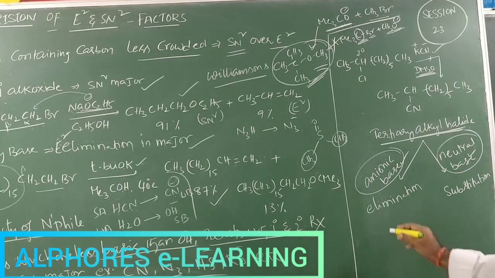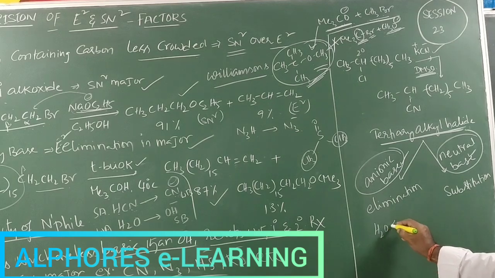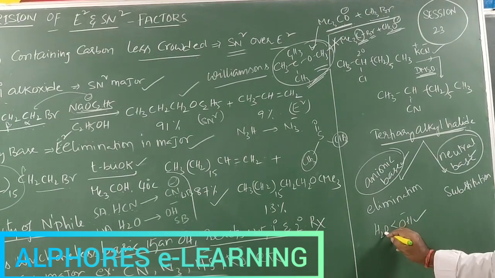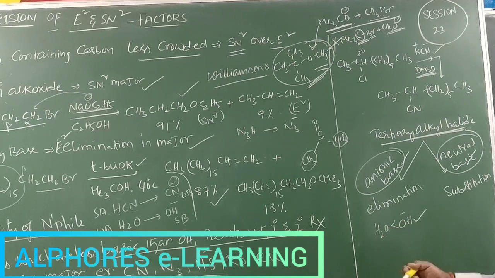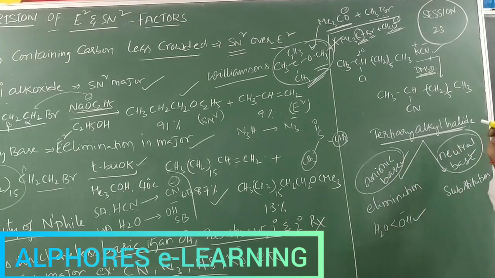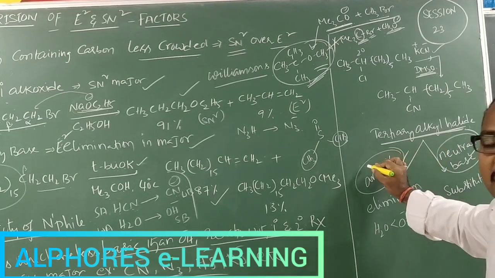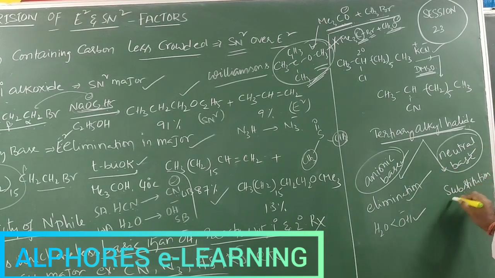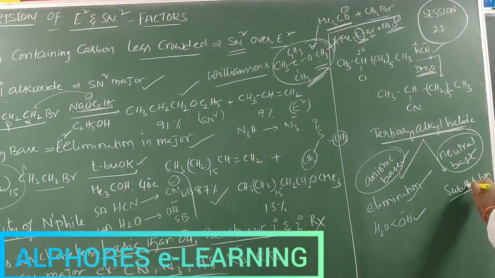We already discussed that compared to H2O, OH minus is a strong base and water is a good nucleophile. I am not saying strong nucleophile, water is a good nucleophile. So with an anionic base and a neutral base, the anionic base always prefers elimination, whereas a neutral base always prefers substitution.